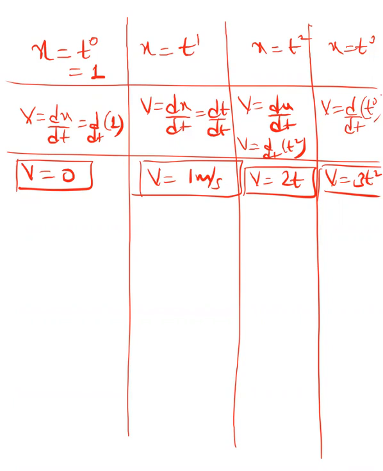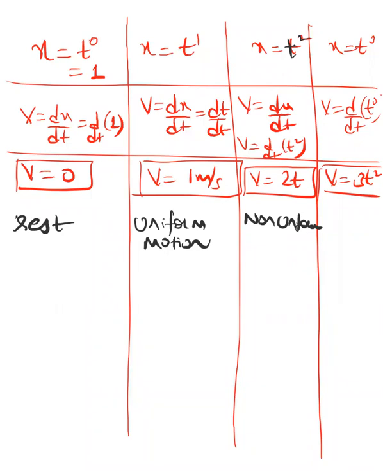Now, one thing you can see is that this motion is basically at rest. This is nothing but uniform motion. And this is a non-uniform motion where the position time is a quadratic curve and the velocity time graph is a linear graph.